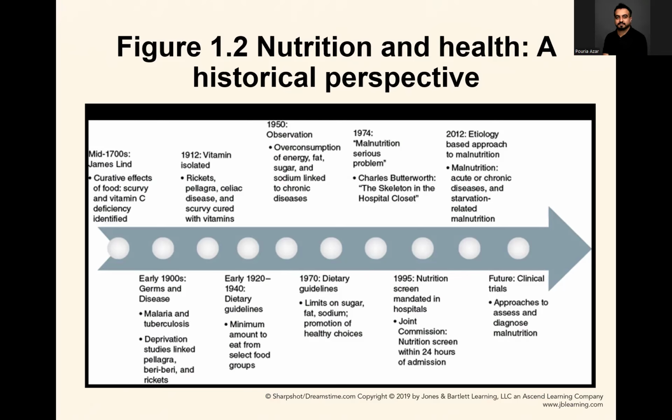We see different time points in which different types of diseases were identified, examined, and researched. But if you can see, before 1974 we see nutrient deficiencies, but after that, we see chronic conditions related to overnutrition, not undernutrition.